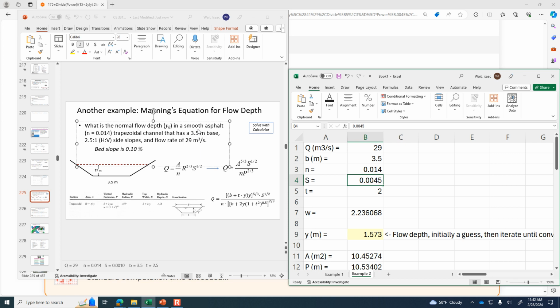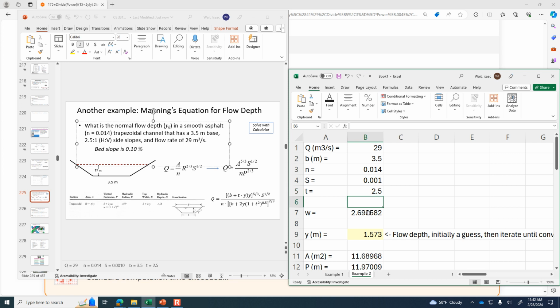The bed slope is 0.1%, so that's 0.1 divided by 100, so it's 0.001. And then the side slope, it says it's 2.5 to 1 H to V. So that means that T is 2.5.